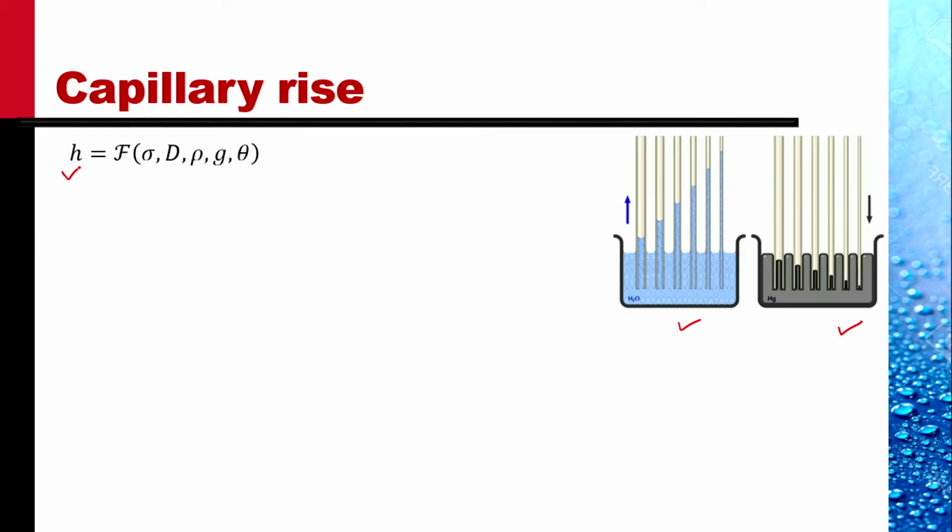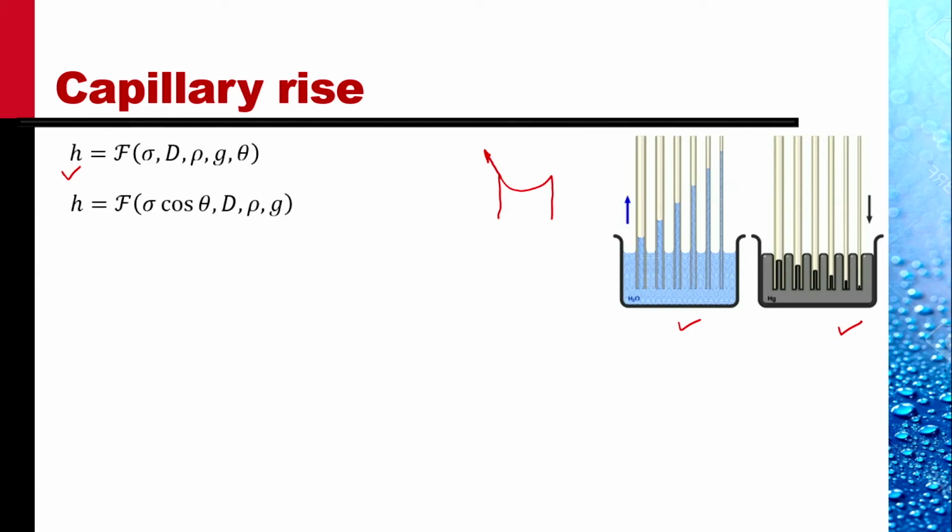Theta is 0 for a liquid like water on glass and is 180 degrees for mercury and glass. Actually, if we look at the meniscus, the force is at this angle.